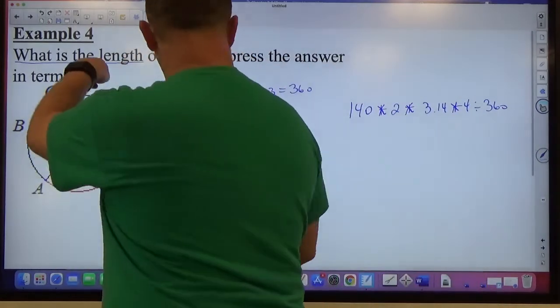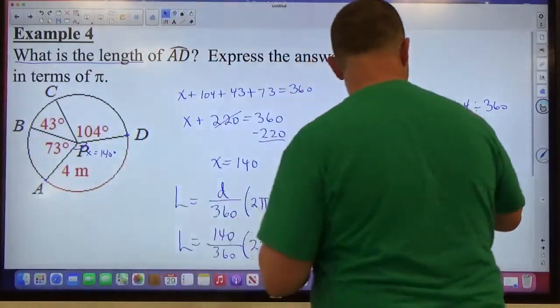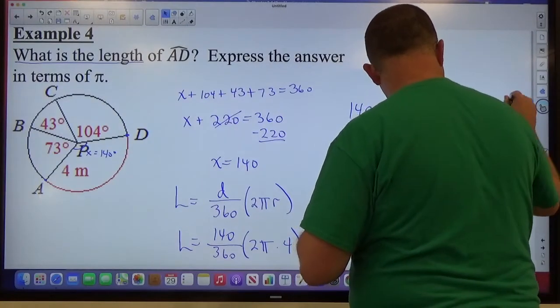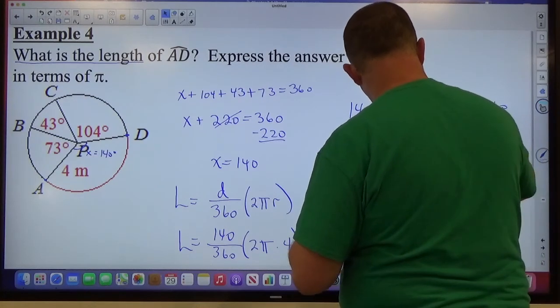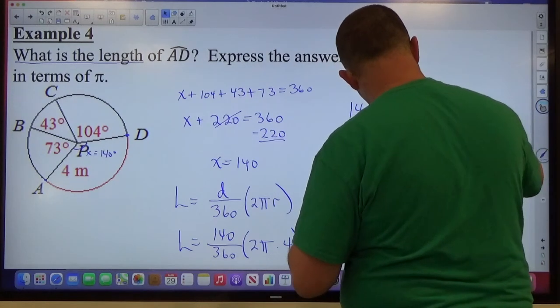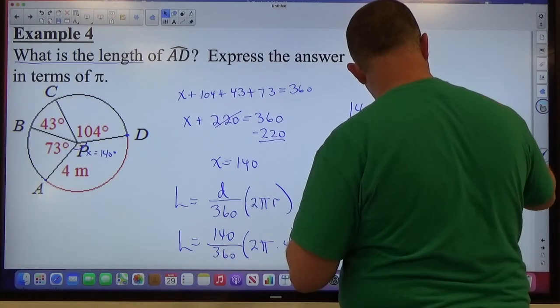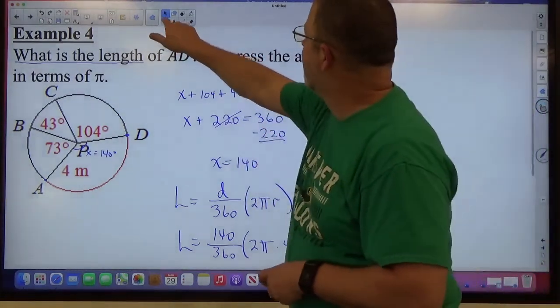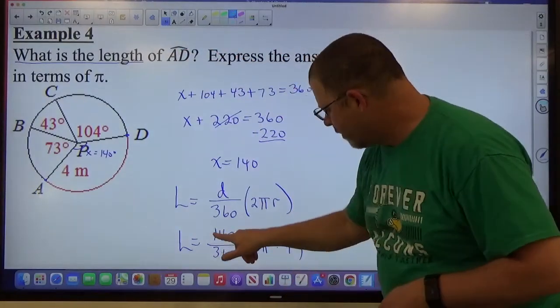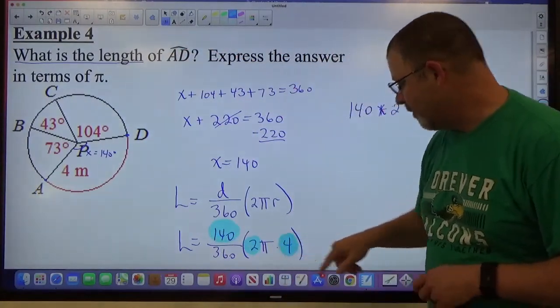Oh, wait, in terms of pi. Erase that. So if we want it in terms of pi, I'm going to multiply 140 times 2 times 4. I want to get my top number.